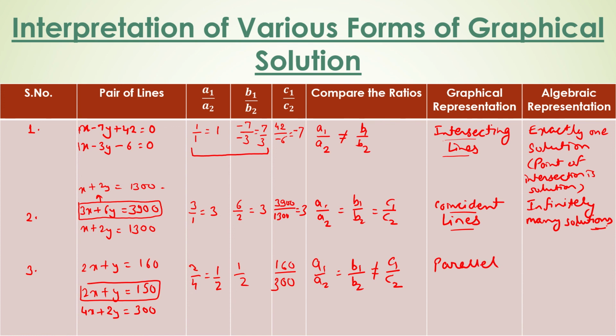So the graphical observation is parallel lines, and if the lines are parallel, that means they will not meet each other at any point on the graph or at any point up to infinity. So we can write that in this case, there will be no solution of the given equations.